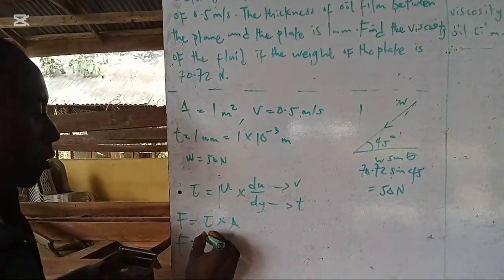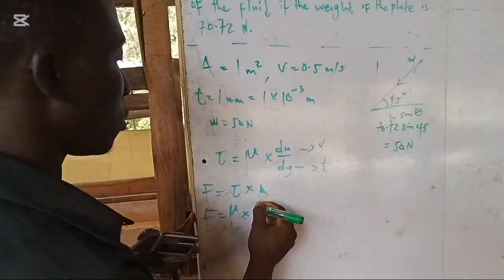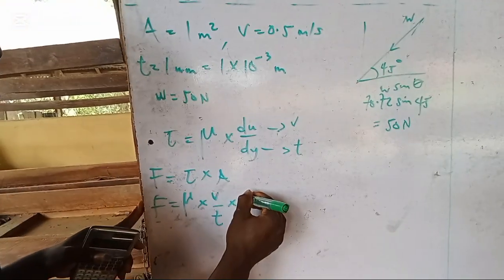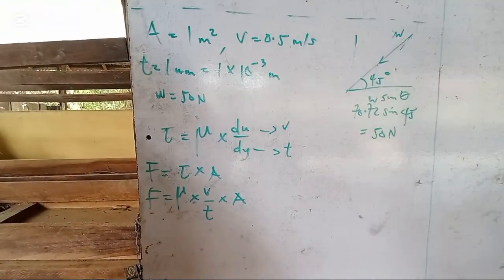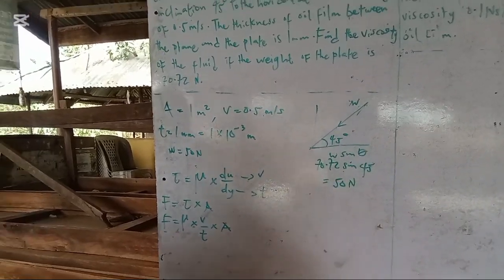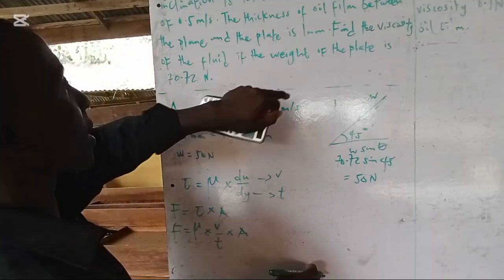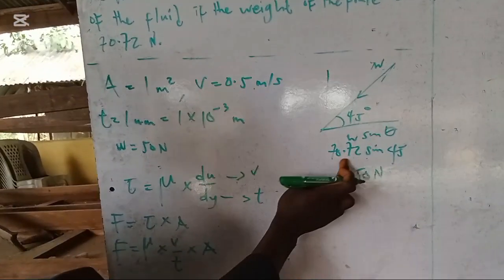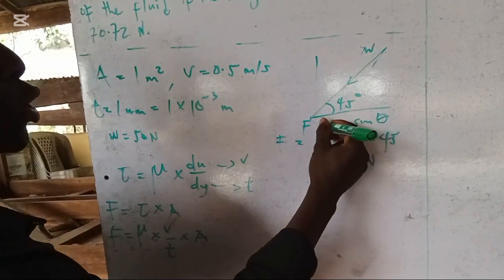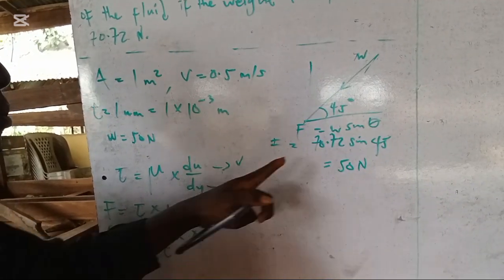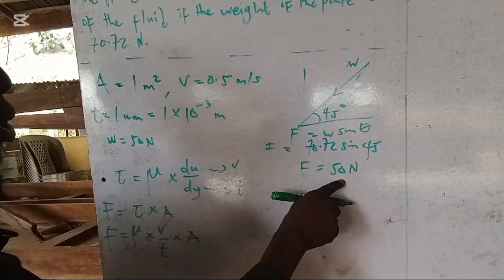We have this multiplied by A. Continue. Our weight was given to us as 70.72, which we use here, so the force is equal to W sin theta. That means your force is 50 Newton.